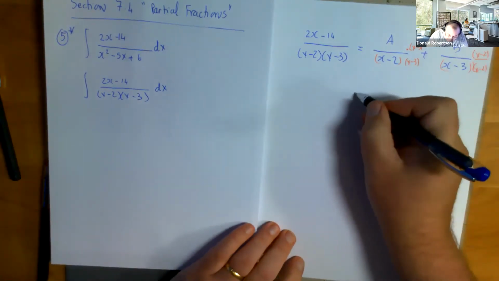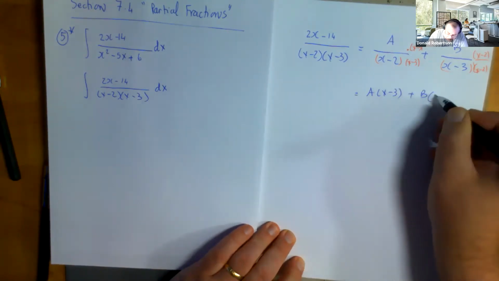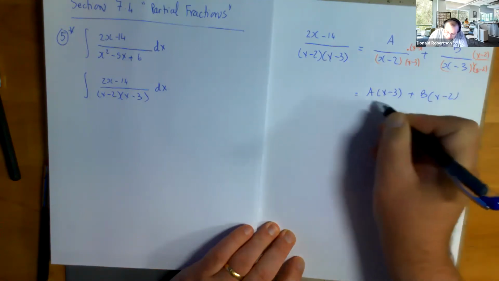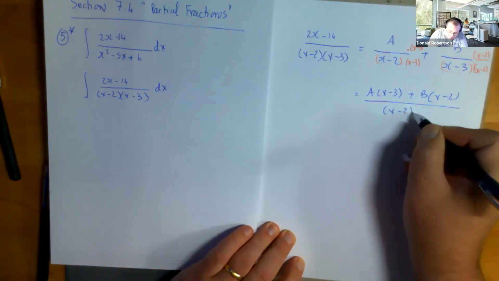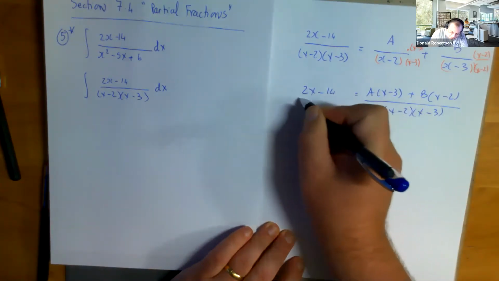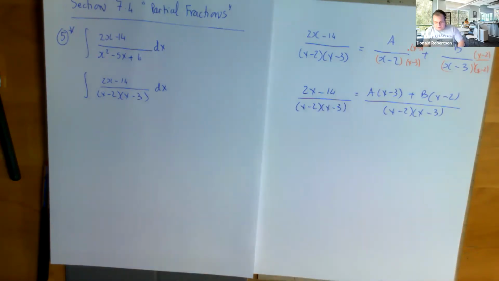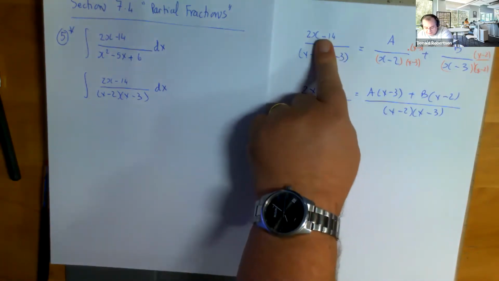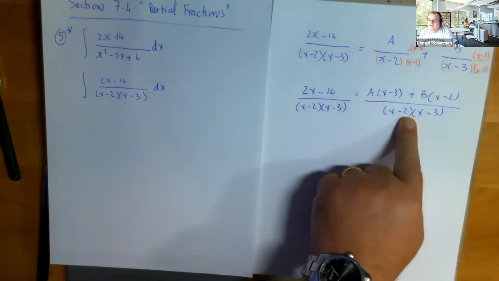So we now have this fella plus this guy all over this fella. And it's equal to that one, right? So you take your fraction, you break it into 2 pieces, you then take your 2 pieces and stick them back together again.